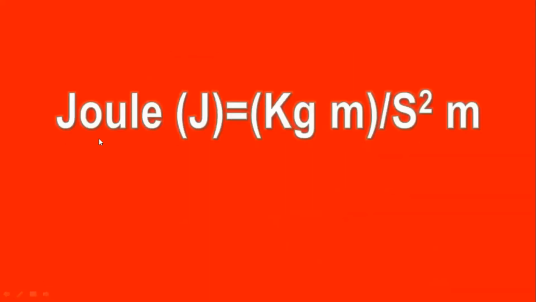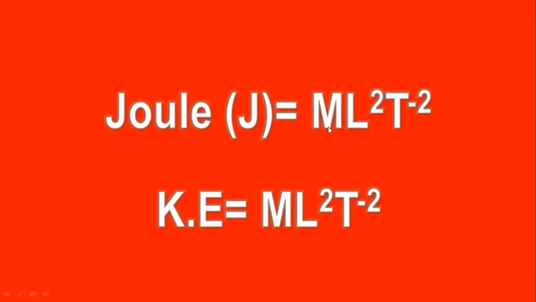Joule is denoted by J, and kilogram mass per second squared, and F is equal to ma. Now the next is Joule, and as you know, the capital M is for the mass, L squared, and T. So this is the acceleration, and this is actually the mass and acceleration.